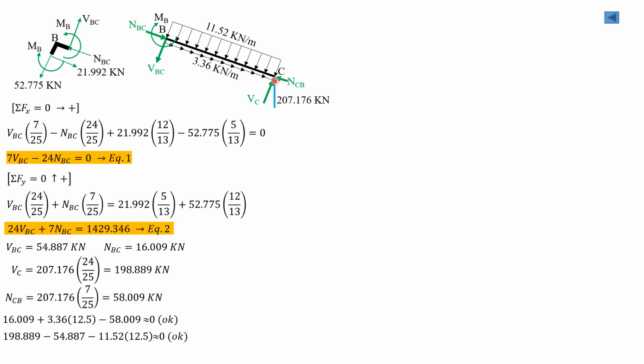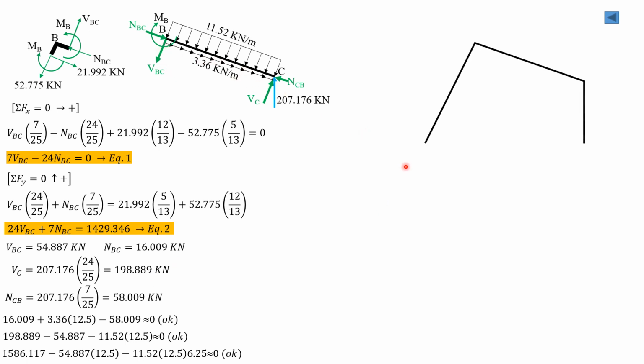So MB, which is 1586.117, then minus VBC, which is 54.887 times 12.5, minus 11.52 times 12.5 times 6.25 moment arm, that's also almost 0, so that's okay. We have checked that member BC is in equilibrium.